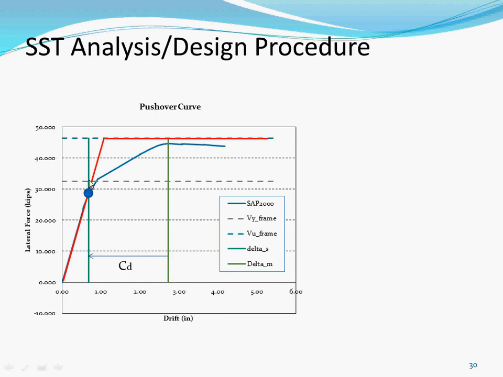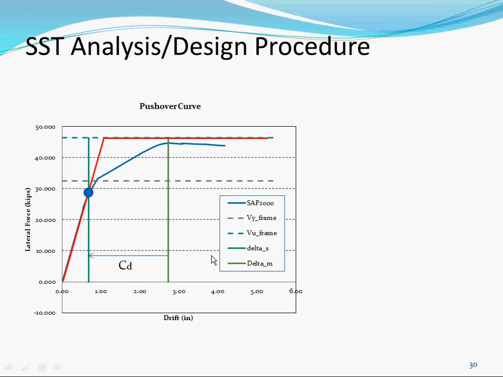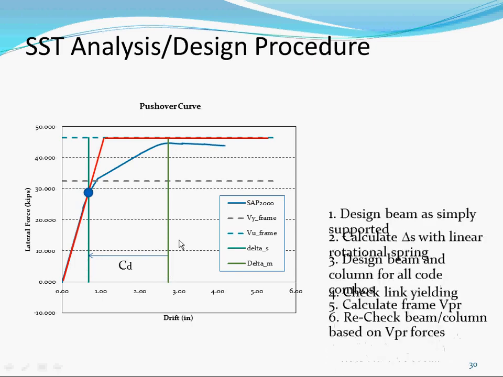So we're always trying to stay below yield. When we check delta M for the code, we use whatever C sub D is associated with the R. So if we're using an R of 8, then we're using a C sub D of 5.5. That means the deflection is going to be more than with the C sub D of 4 or 4.4.